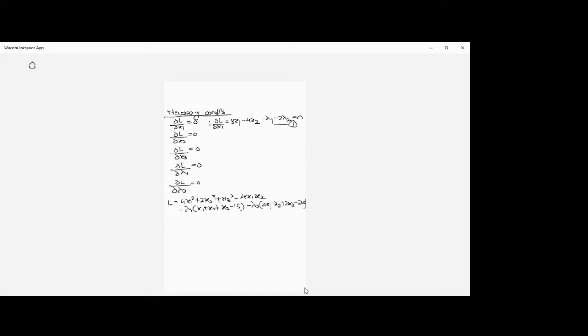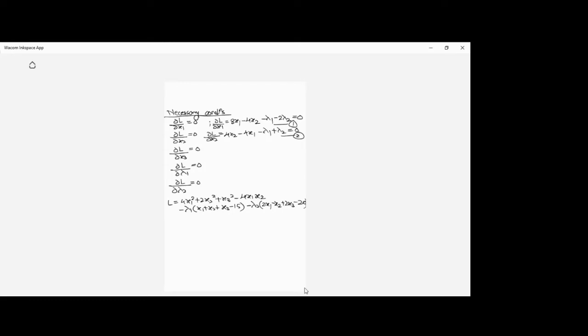It is easy, right? Similarly, the partial derivative of L with respect to x2, ∂L/∂x2, is equal to 4x2 − 4x1 − λ1 + λ2 = 0.